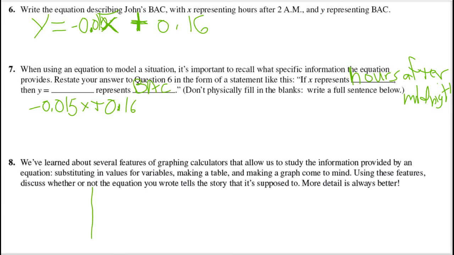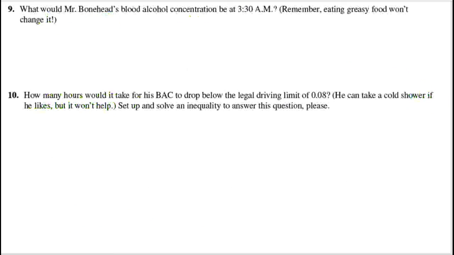What we're going to find is you have a starting point up here, 0.16, and then it goes down, which represents what's happening. The blood alcohol content starts at 0.16, and it goes down linearly from there. So try question 9, and restart the video once you have finished question 9.